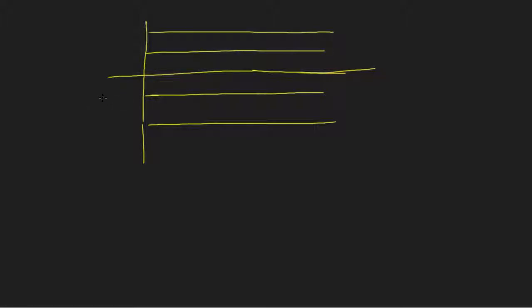We discussed that different modes are characteristic of discrete angles. So different modes will be incident at different angles. For example, one mode is going like this, then another mode, for example, is going like this.